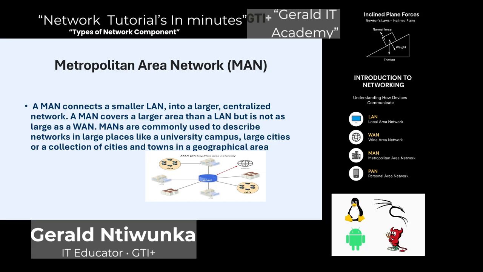This type of network connects smaller local area networks into a large centralized network. A metropolitan area network covers a larger area than a local area network, but is not as large as a wide area network.